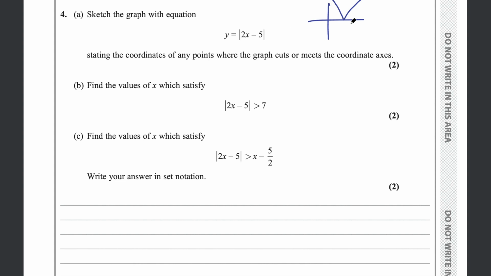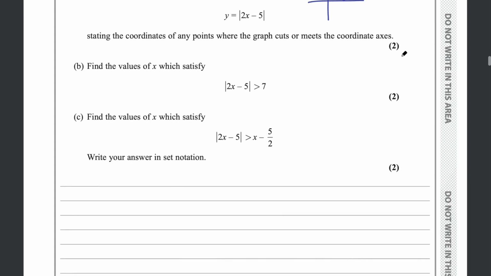So all of the values are positive, and it has the same gradient going into the negative x and into the positive x. So we know the general shape it should take, and we can figure out where the x-intercepts are, what the gradient is, and that allows us to sketch it quite quickly.